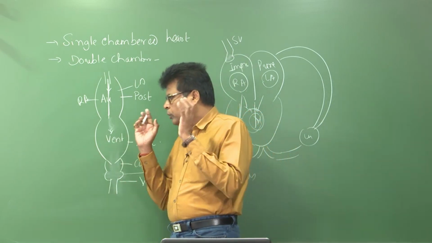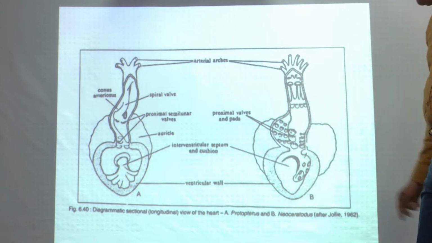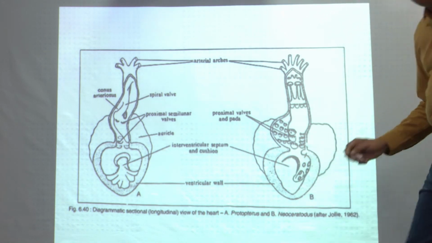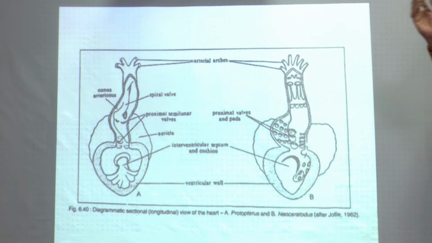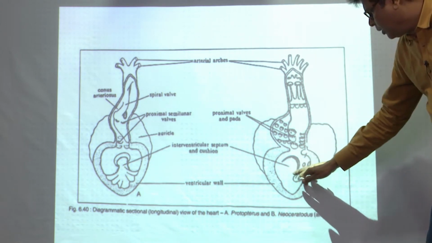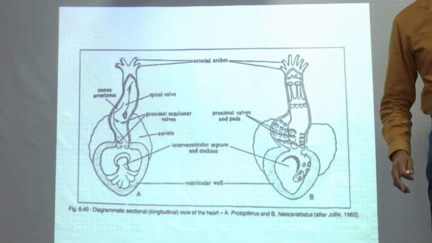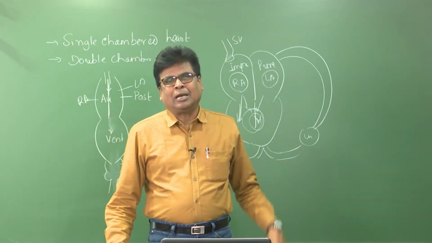I want to show you the picture. This is the heart of the dipnoi. You see the interventricular septum. Although the auricle is divided into right and left, the ventricle is not divided, but the ventricular wall is designed in such a way that when the right auricle pumps, the blood remains in the right side of the ventricle, and the blood of the left auricle remains in the left side of the ventricle.